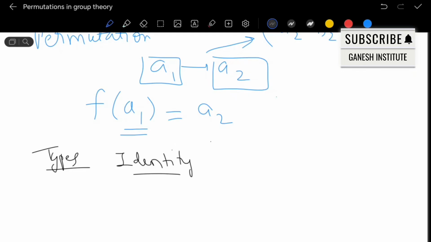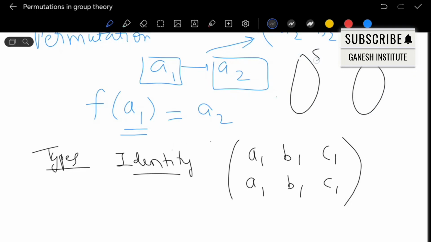So if I'm having A1 here, then its image is also A1, B1 to B1, C1 to C1. So that means we have the same set. Every element is mapped with itself only. Then we will say that it is an identity permutation.